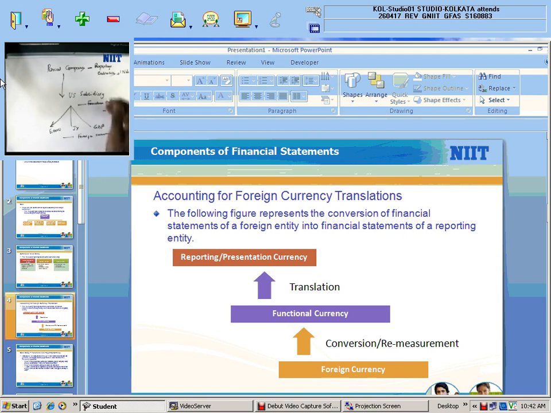Then the US subsidiary's position as reflected in US dollar will be translated into Indian rupee, the presentation currency. So it is remeasurement of foreign currency into the functional currency, and then translation of the functional currency into the reporting currency. That is how it is done. Is that clear?